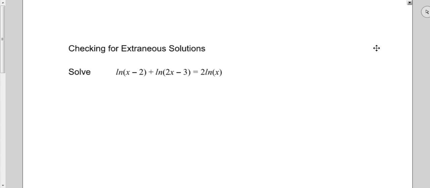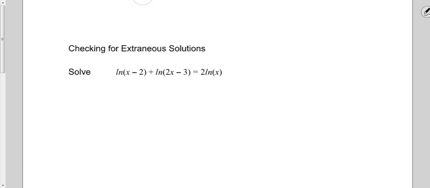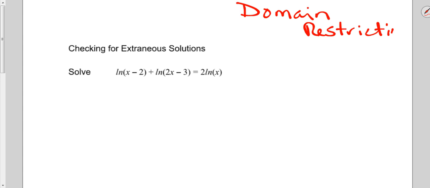Greater than 2. So domain restrictions, we'll put that up here. So X has to be greater than 2. Greater than or equal to 2? No. Nope. Why not, Dawson? Because you can't take the natural log of 0.